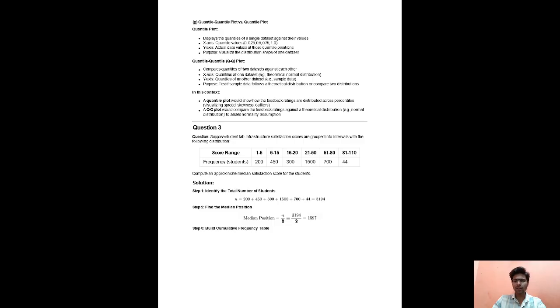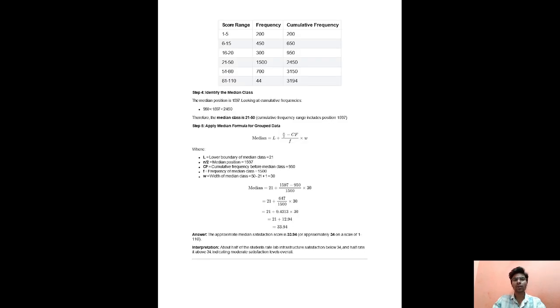So the median position is 1597. Build a cumulative frequency table. You can see the chart of this table.